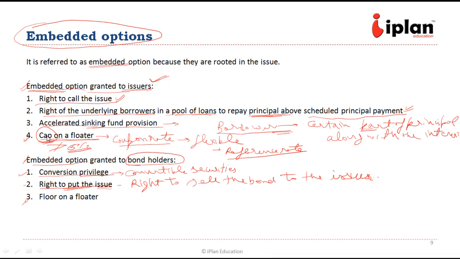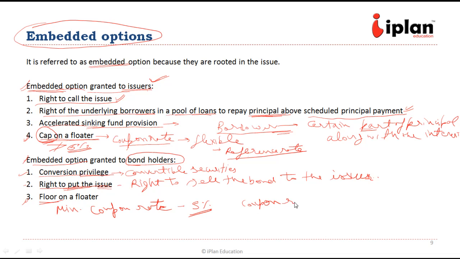And finally, we have the case of floating rate security. We have seen just now the cap on a floater, which was in the interest of the issuer, and the floor on a floater is in the interest of the bondholder. Floor is the minimum interest rate, the minimum coupon rate. For example, it is say 5%.